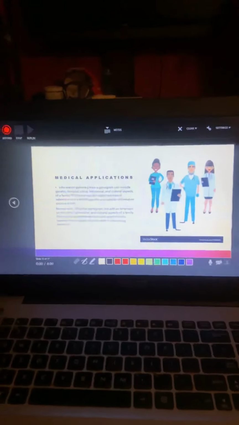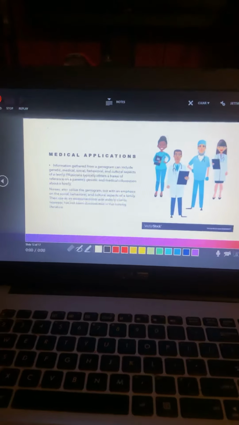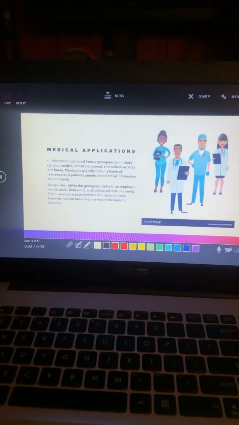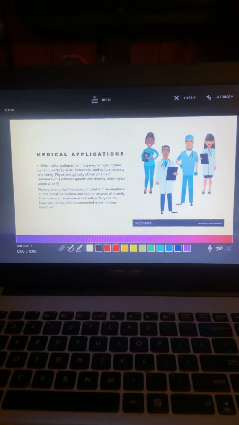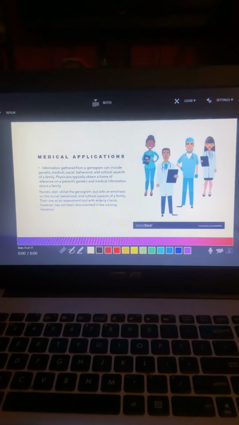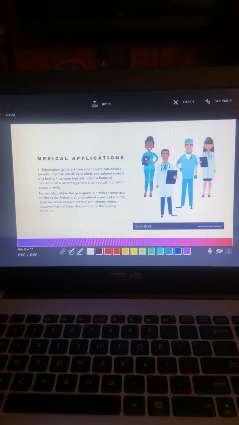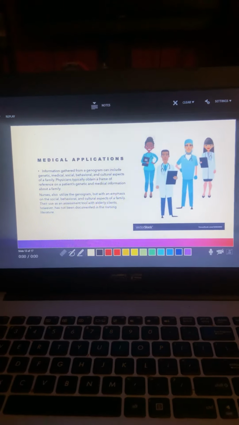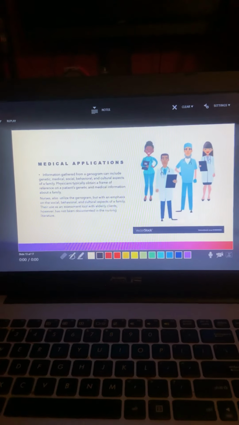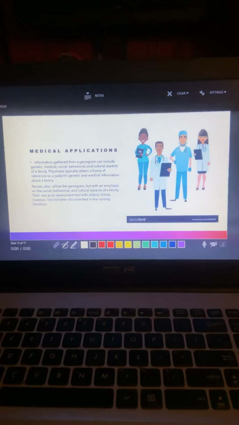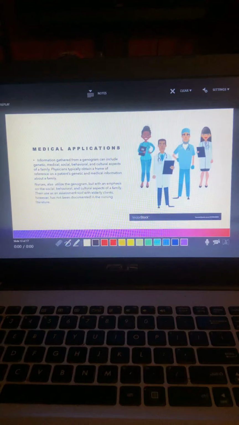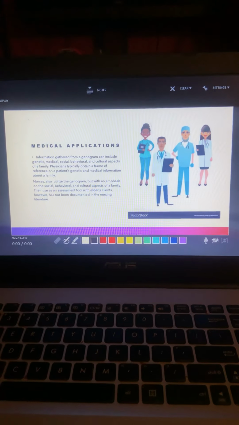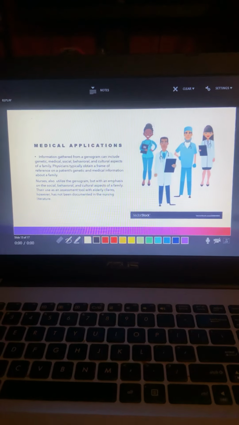So just the medical aspect, the physicians that we work with can see what medicine that the family's on. If this family takes Risperdal or Seroquel and it works for them and it's beneficial, this can give the physicians an idea: well, if this is their child, maybe this is beneficial.